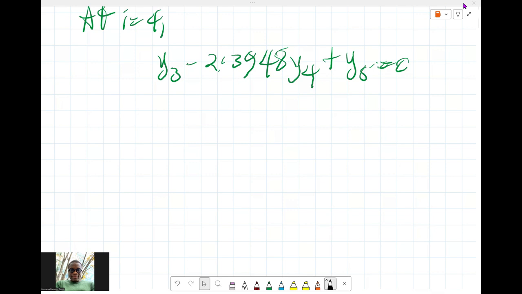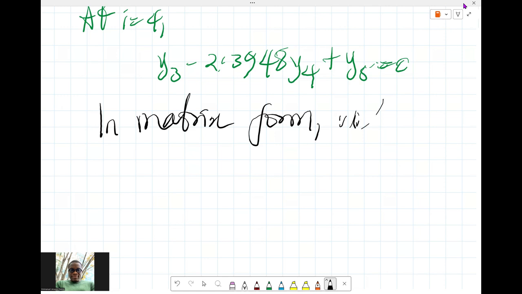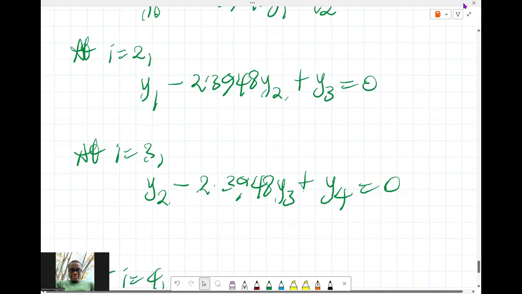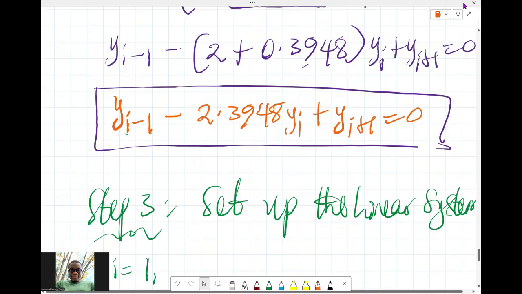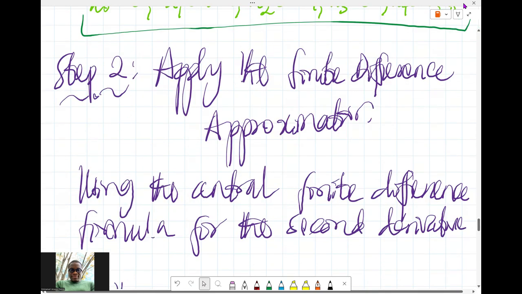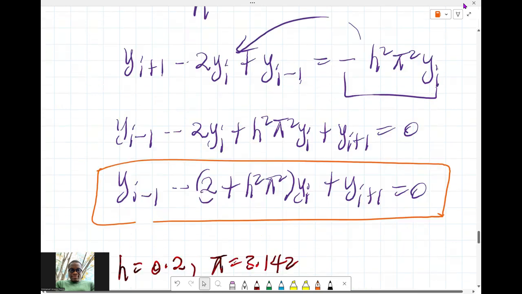So with this system in place, we can put this in matrix form. So in matrix form, we have generally AY equals B. And as you can see already, from the boundary conditions, we have y of 0, like I said earlier, y of 0 is 0 and y of 1 is also 0.